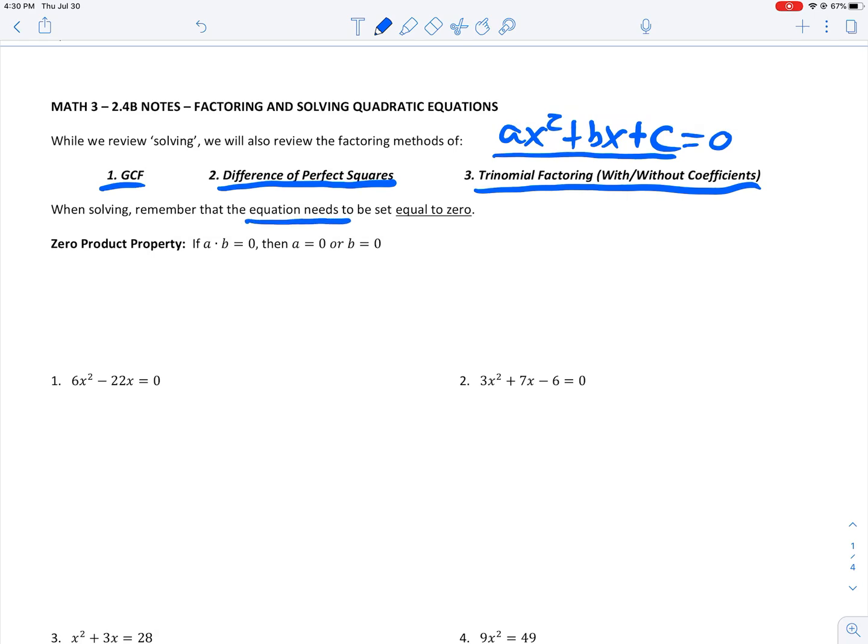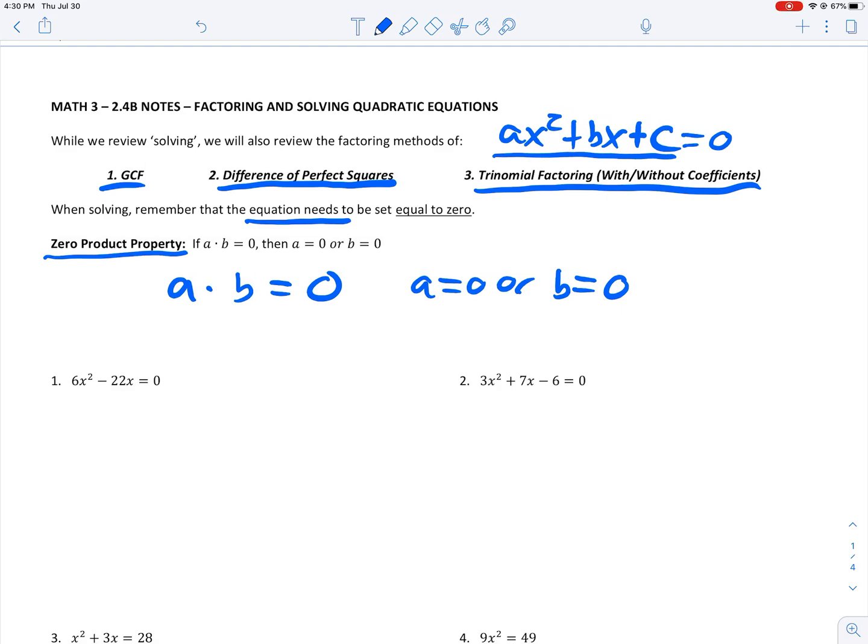So when we're solving, we're going to set our equation equal to 0. Why do we do that? Well, it allows us to use the zero product property. What that says is that if you're multiplying two expressions and that product is equal to 0, the only way for that to be possible is either A equals 0 or B equals 0.